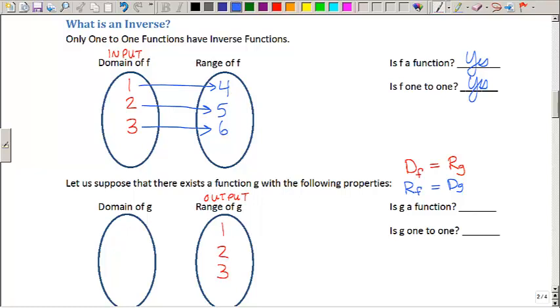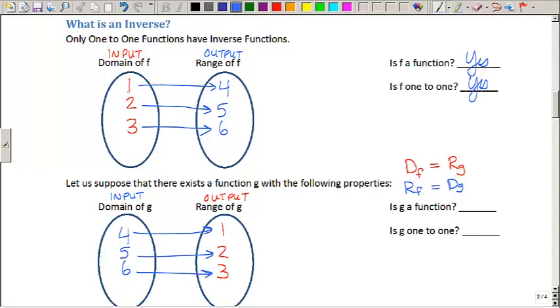My 4, 5, and 6 values in my range, or output, will now become the values of the domain in g, or my input. And the correspondence stays the same.